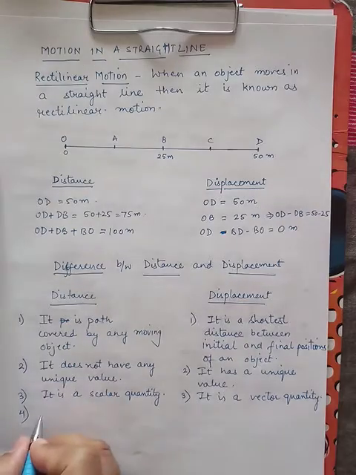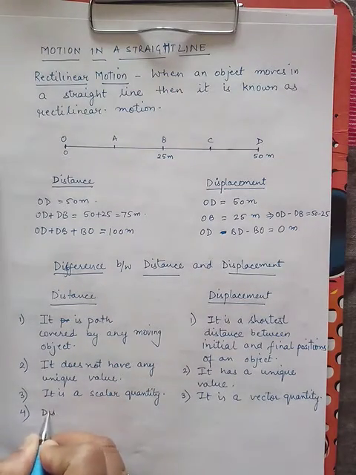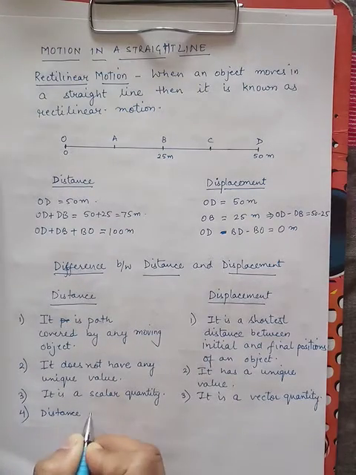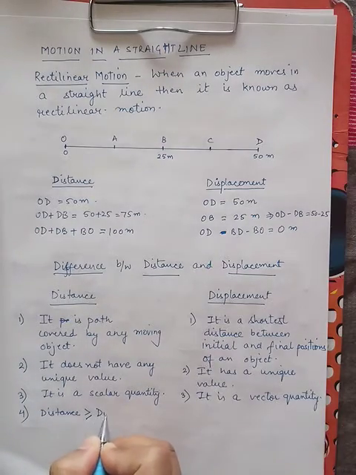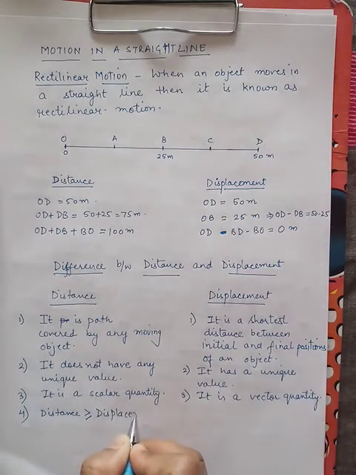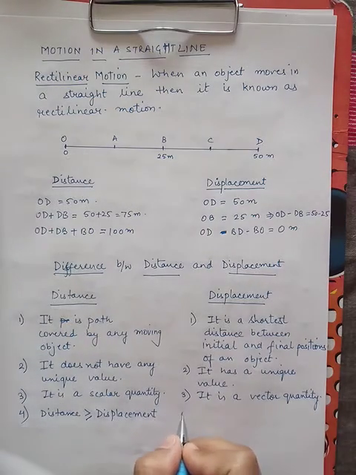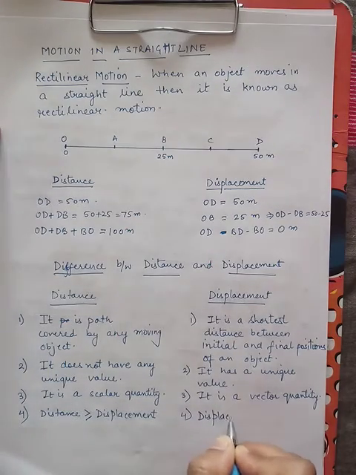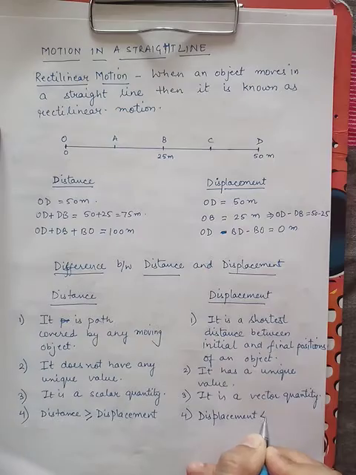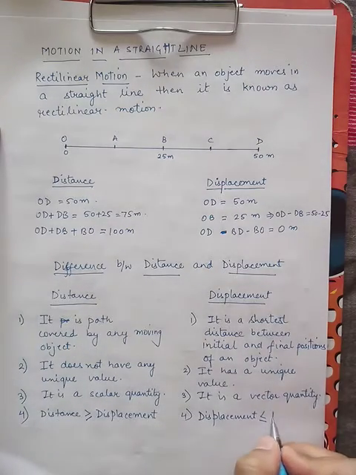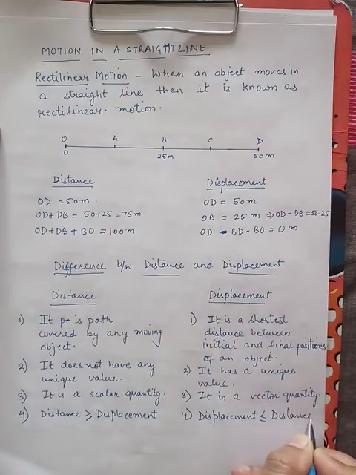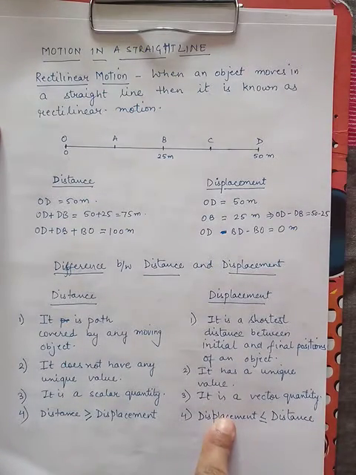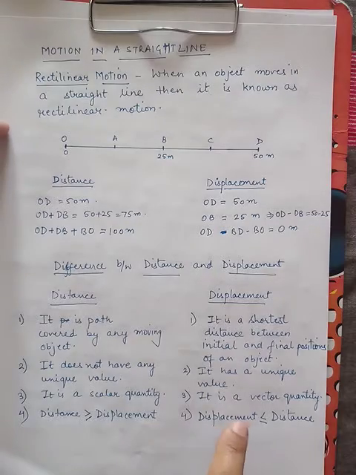So we write: distance is always greater than or equal to displacement, and displacement is always less than or equal to distance, because displacement is the shortest, so it will always be either less than or equal to distance.